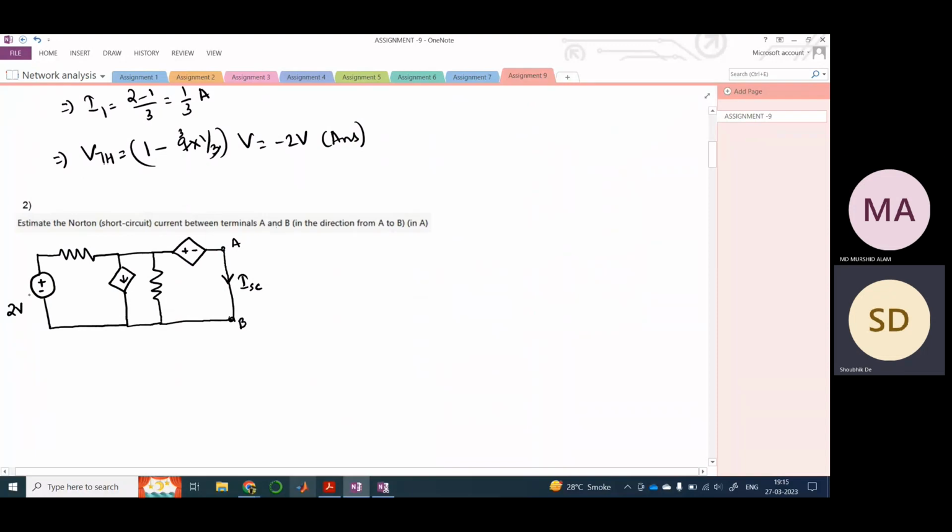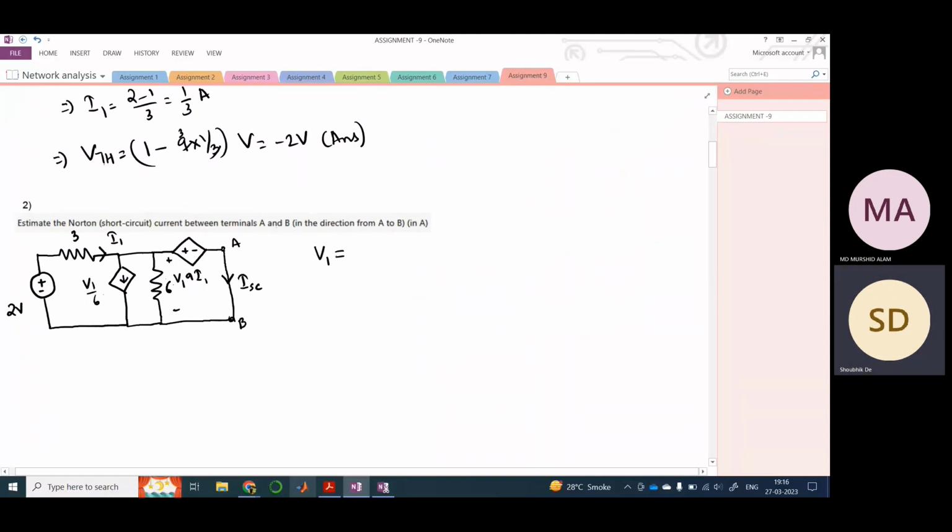So, this is 2 volt, and this is 3. This is V1 by 6. This is 6, and this is 9I1, right? And this is obviously I here, and this voltage is also V1. See here, since we are shorting for ISC, this V1 won't be equal to 0.